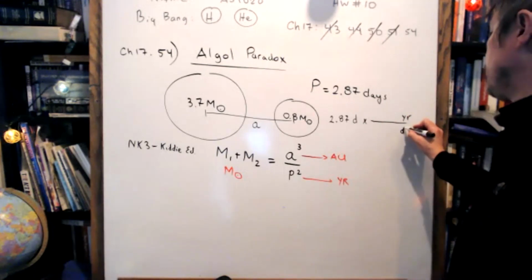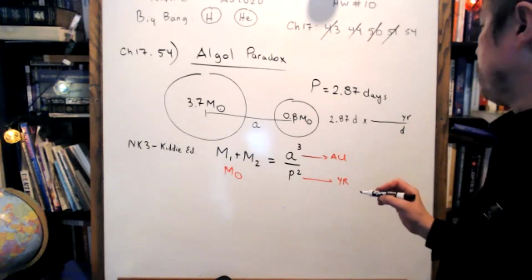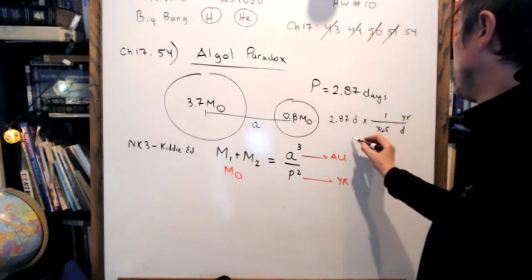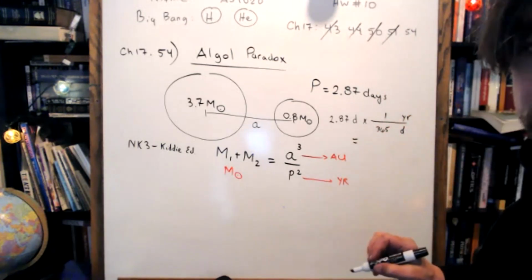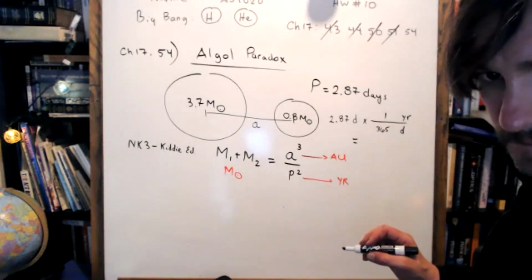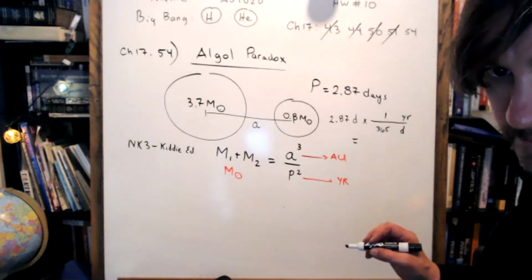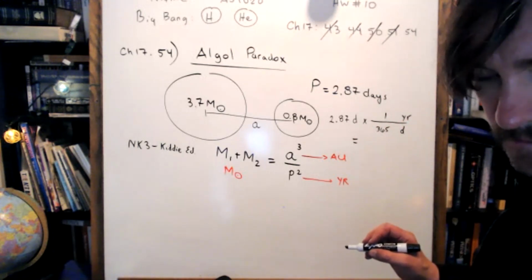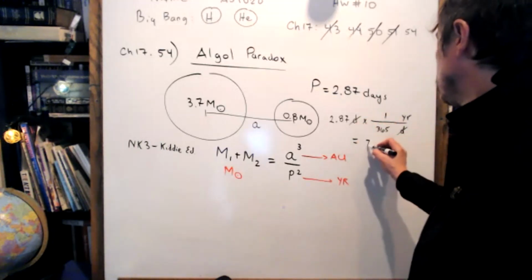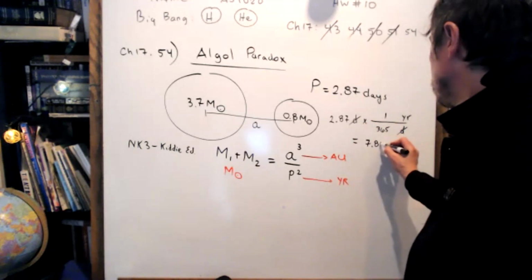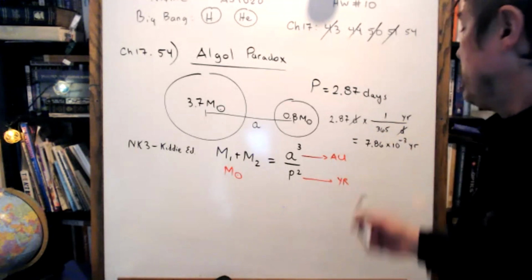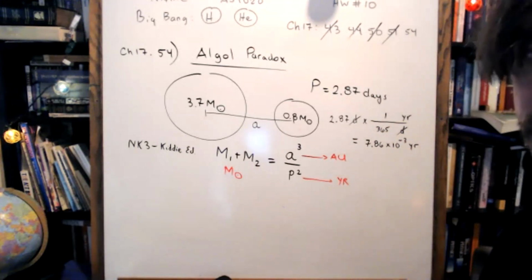Now you can give me the numbers. All right, so 365 days, 1 year. Okay, so punch that up and give me 3 sig figs. 7.86 times 10 to the minus 3. I'm sorry, I'm so bad at math terminology. That sounds good. 7.86 times 10 to the minus 3 years.